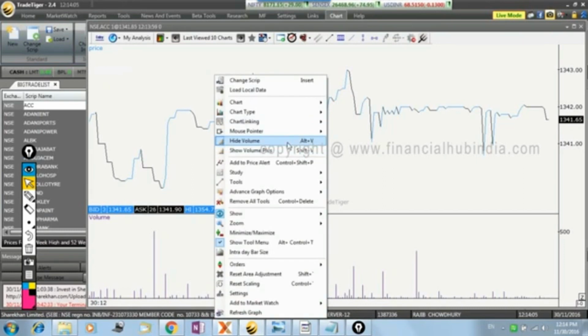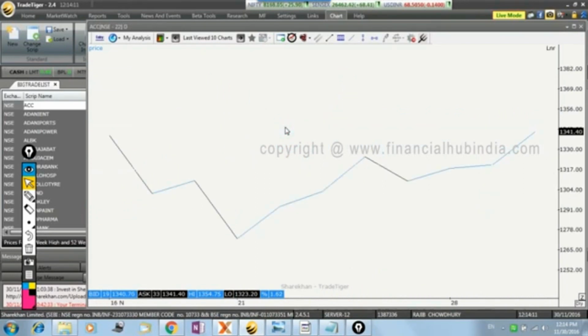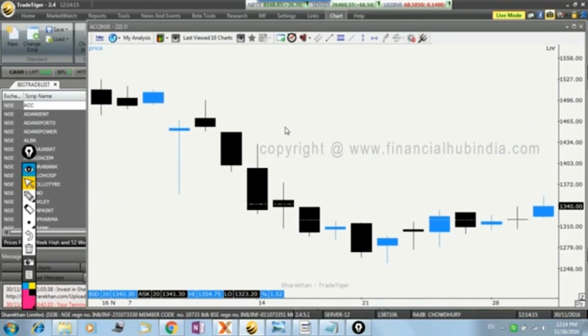I don't trade using volumes much, so I hide the volumes. Press D for the daily time frame, and J to see the candlesticks. So these are the candlesticks you got.